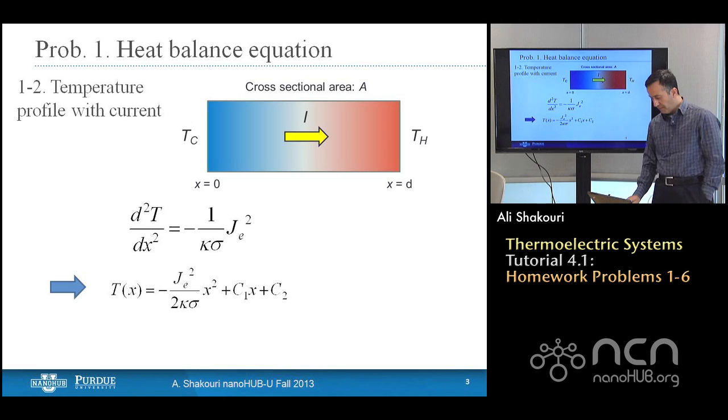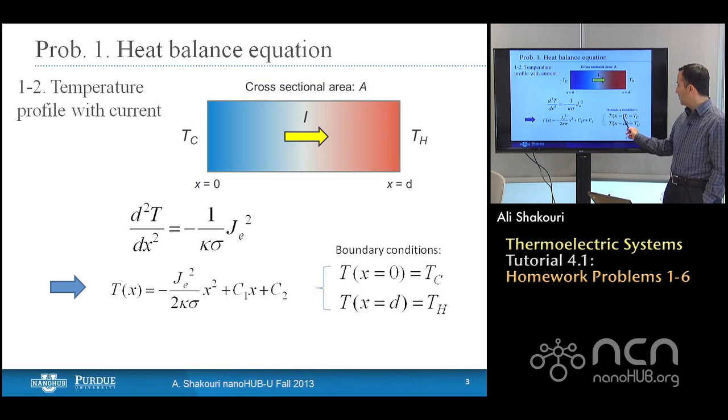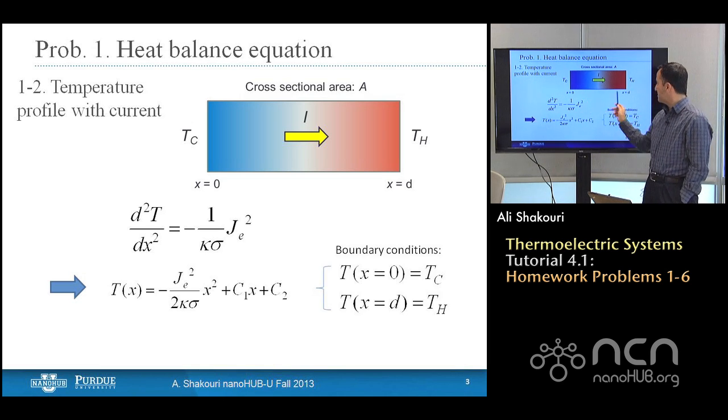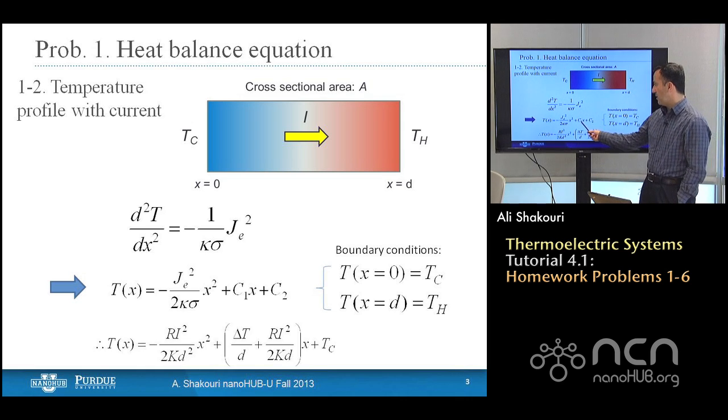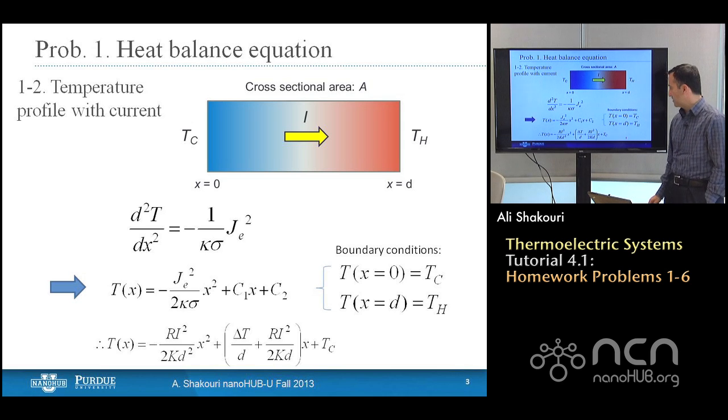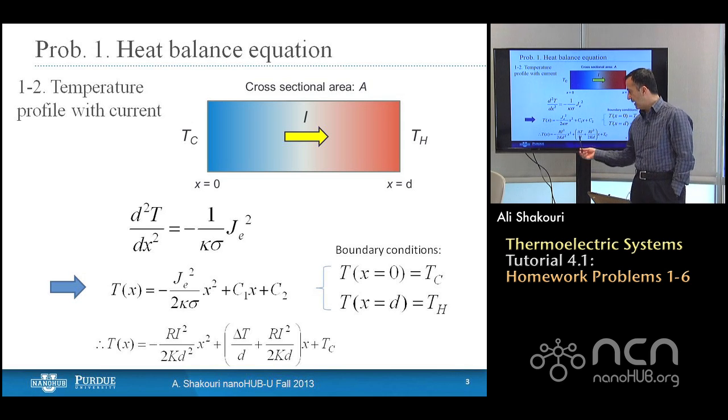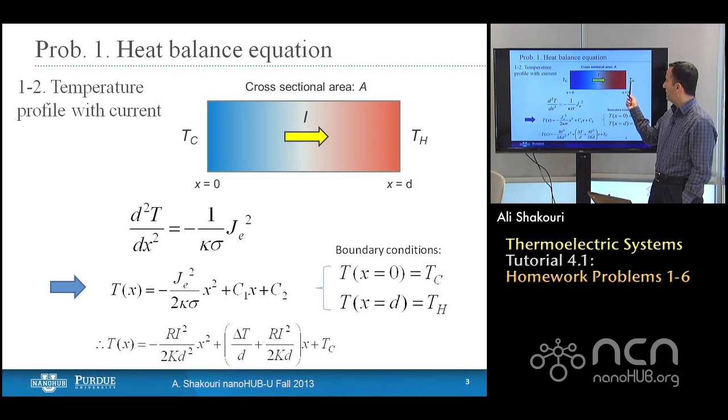The two constants depend on boundary conditions. We know the two boundary conditions, x equals 0 and x equals d. We put them in, and from that we find coefficients C1 and C2, and that's the expression for temperature as a function of x. That gives you again how temperature in a thermoelectric element changes based on the Joule heating inside.